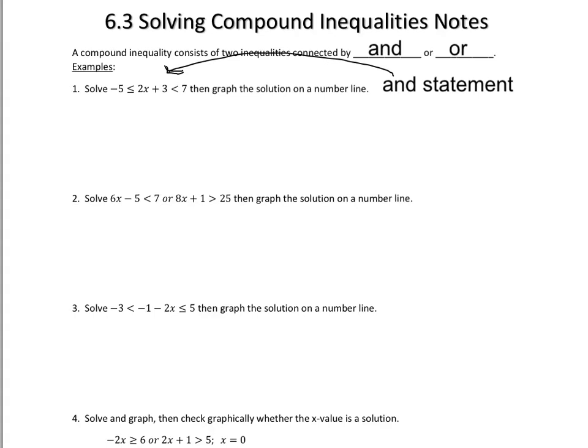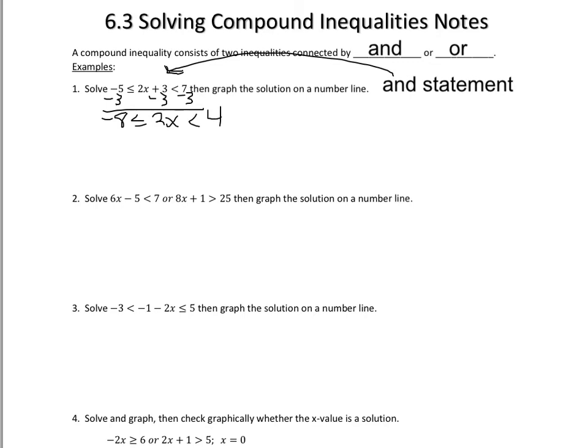Now, we're going to solve this like we would an inequality. We ultimately want to isolate that variable. So we'd start by subtracting 3. But in this case, we have to subtract on the left-hand side of the inequality and also on the right-hand side. So when we subtract 3, we're going to get -8 is less than or equal to 2x, which is less than 4.